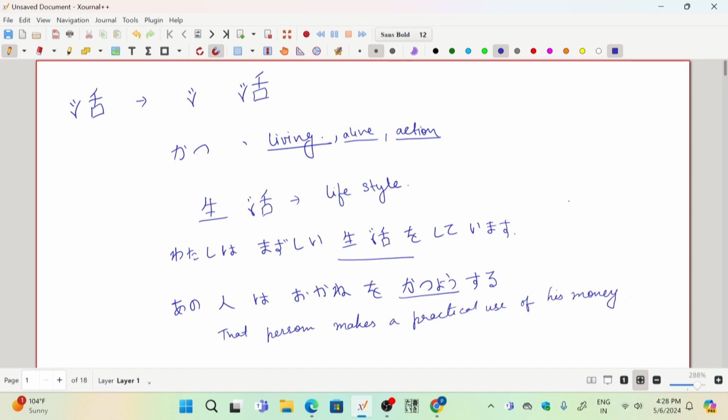So next kanji we'll do is katarimasu. First part is the kanji for speaking, and then this part will come. First reading is katarimasu, which means to narrate.